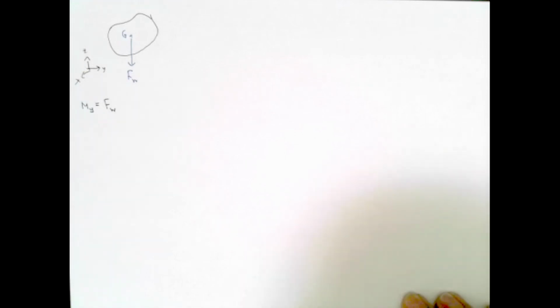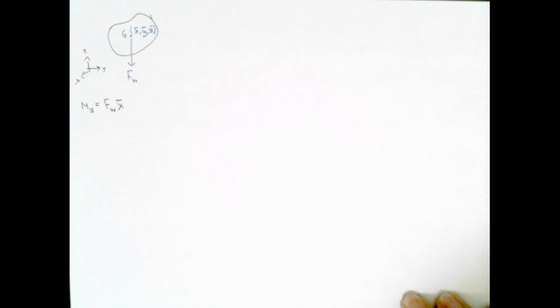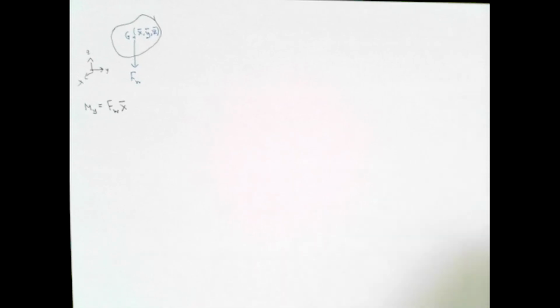And that distance along the X-axis is simply the coordinate of my centroid, which I'll just call X bar. So we say that this centroid will have coordinates X bar, Y bar, Z bar, and the distance between my force and my Y-axis will be simply X bar. So that's what we know about this body.